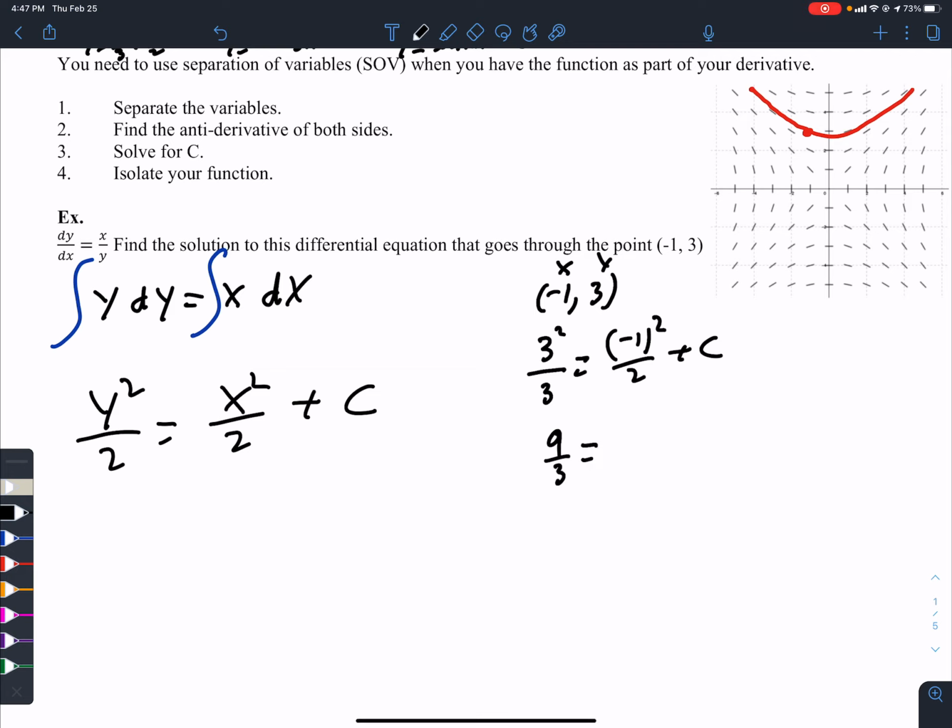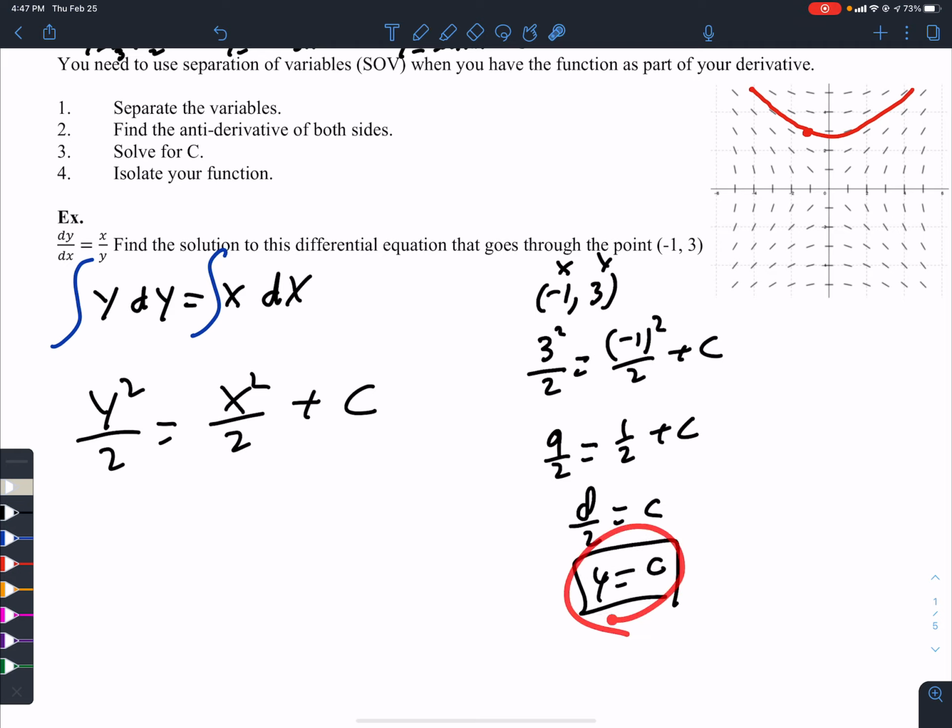That's not a 3, that's a half. Equals 1/2 plus c, subtract 1/2 from both sides. And so c comes out to be 4. So that is the c placed into this equation that gives us that particular solution.